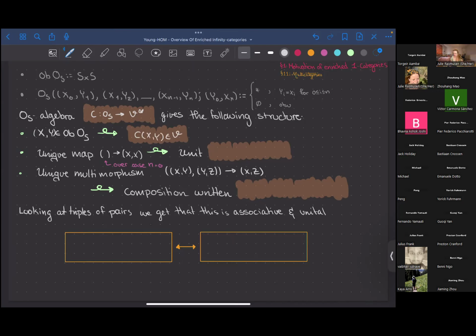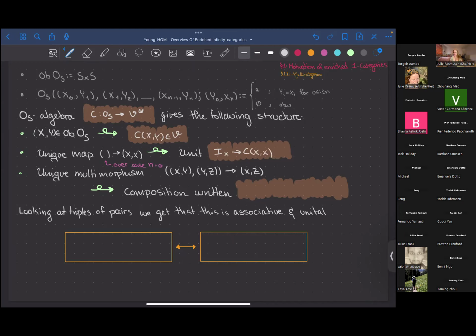And then we have a unique map that goes from the empty string, the case n equals 0, into x, which will give us a unit map. So that will go from I_x into C(x,x).